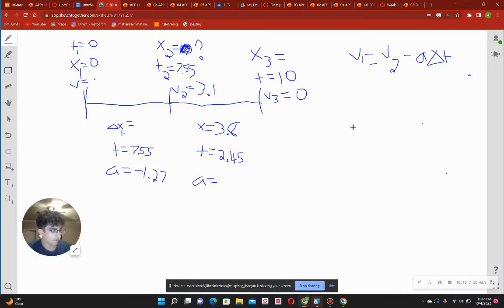So from that, we know that V2 is 3.1, minus the acceleration, so negative 1.27, times 7.55, because that's the time.